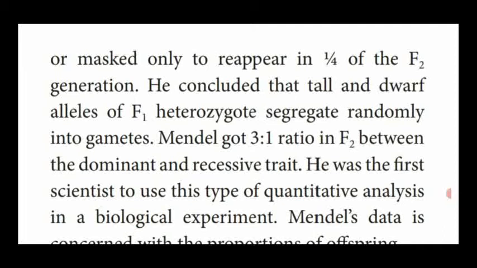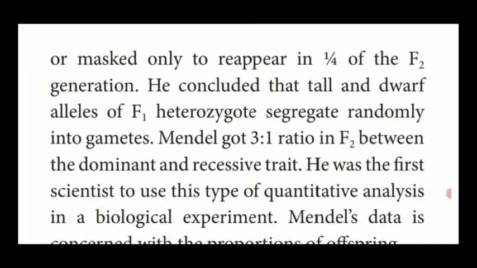With the help of this characteristic feature, Mendel concluded that the tall and dwarf alleles of the F1 generation heterozygote are segregated randomly into gametes. That means we have taken a tall plant, that is TT, and a dwarf plant, that is small tt, and crossed them together.